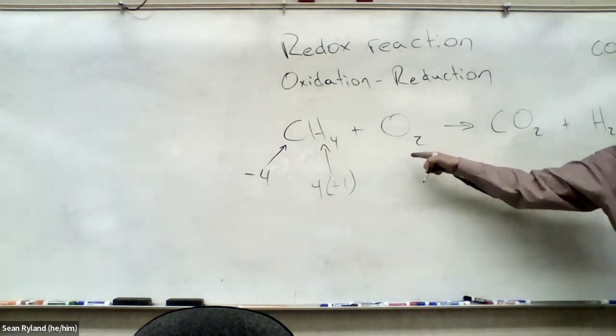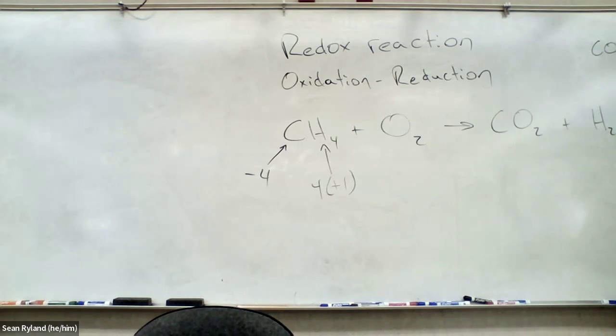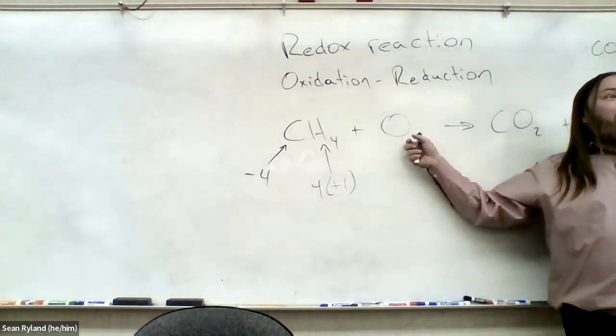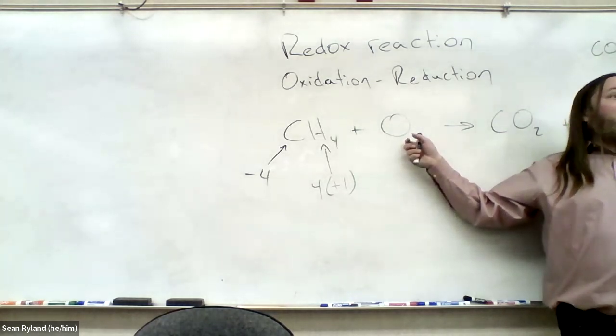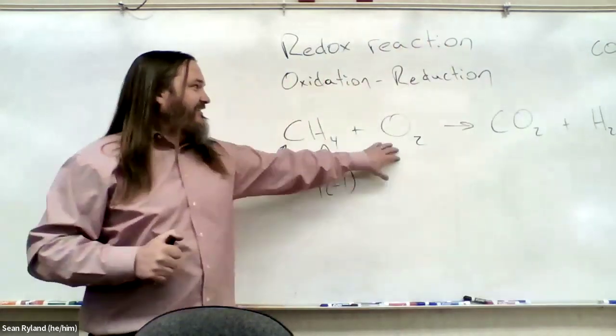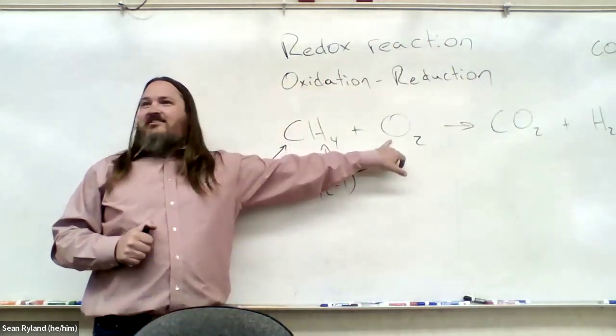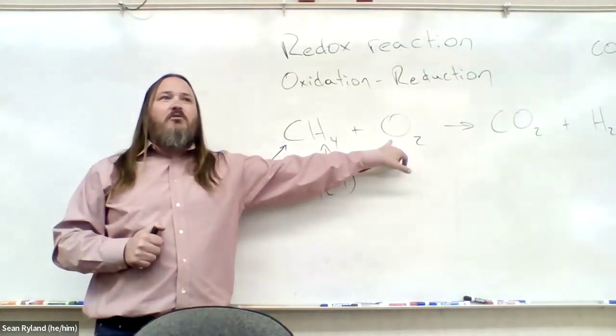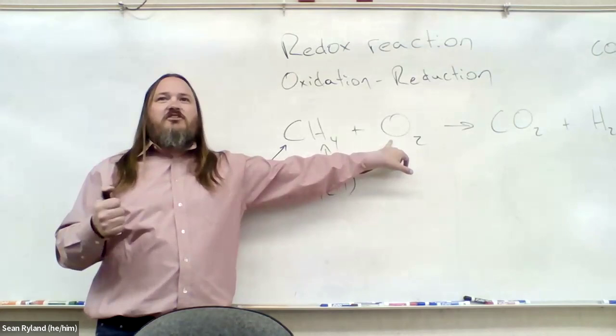What's the oxidation state of the oxygen going to be here? It wants to be -2. Why do you say 0? Because the oxygens are both equally strong, right? You're right. I'm just looking for the logic behind it. If it's O2, if they're both equally strong and their charges have to add up to 0, what do their charges have to be?